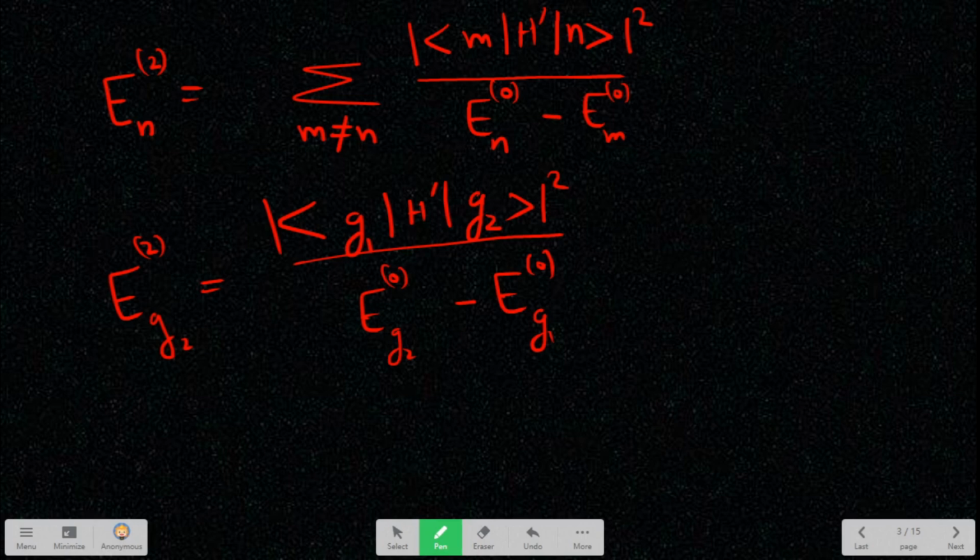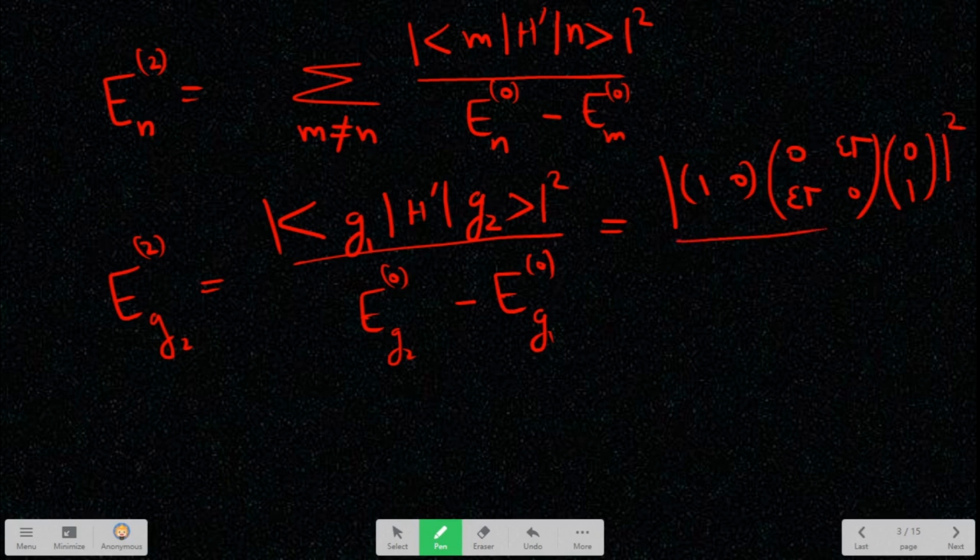So this is equal to the modulus square of (1 0) times the matrix (0, epsilon gamma; epsilon gamma, 0) times (0, 1), the whole divided by EG2_0, which is alpha minus omega, minus EG1_0, which is alpha plus omega.